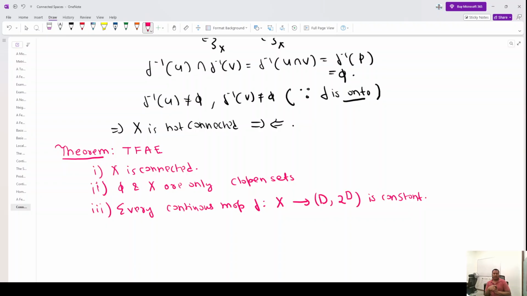Now, how to see more and more criteria of something being connected. So we always need plenty of results, so that we know what we can apply in what situation. Sometimes it is very easy.